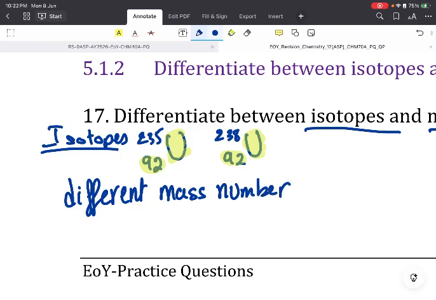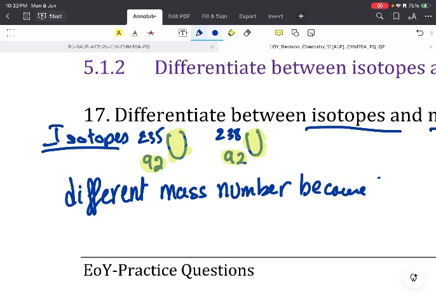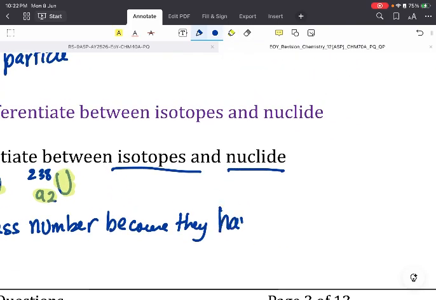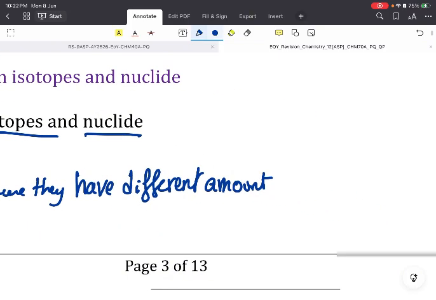And what's the reason? Why do they have a different mass number? Because they have different amount of neutrons.